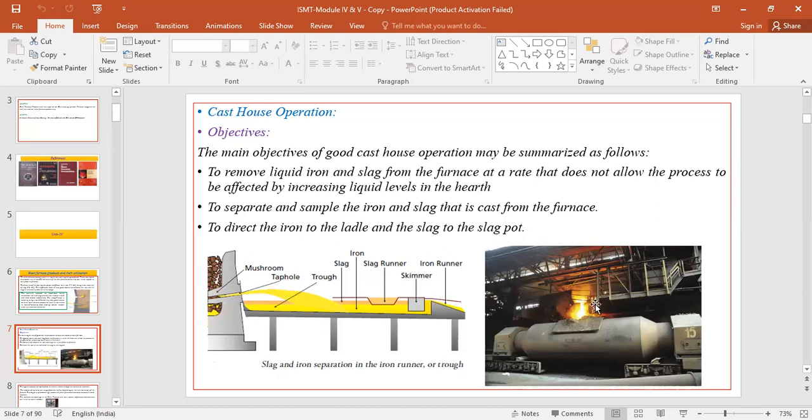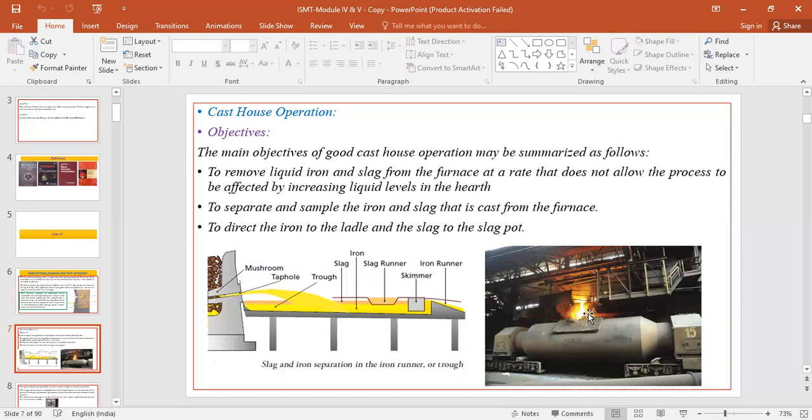So you can see in this particular picture that the hot metal from the blast furnace is tapped, travels through the runner, and is finally collected in the torpedo ladle. This torpedo ladle is also a refractory lined vessel, and it can collect a huge quantity of metal.